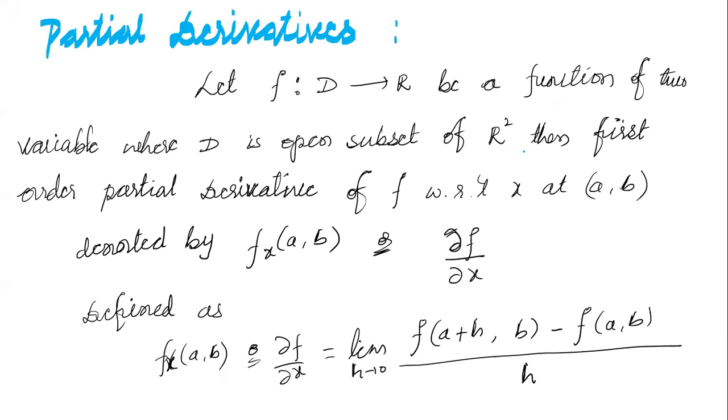Then the first order partial derivative of f with respect to x at a comma b, denoted by f sub x of a comma b, or dou f by dou x, is defined as the limit h tends to 0 of f of a plus h comma b minus f of a comma b, divided by h.